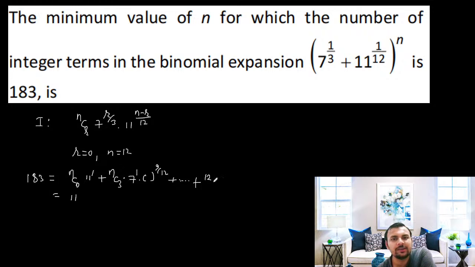So 12C12, 7 to the power 4. So 7 to the power 4 is what? It is more than that, okay. If we put n equal to 12, we are going more than that.